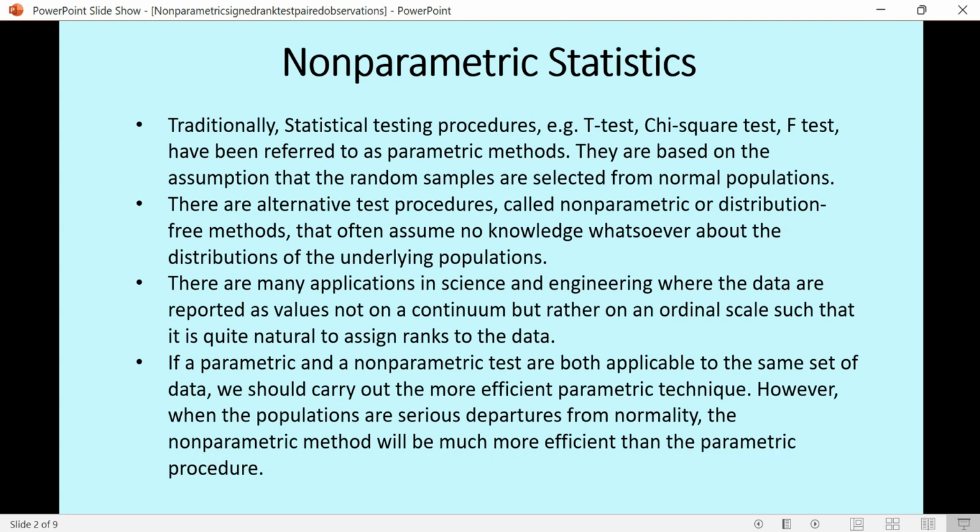But sometimes these assumptions cannot be met, and the data may be very skewed or very far from the normal distribution. So one alternative is to use nonparametric statistics. These kinds of tests are called distribution-free tests. We do not assume any probability distributions for these data.